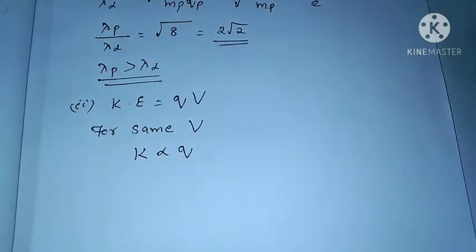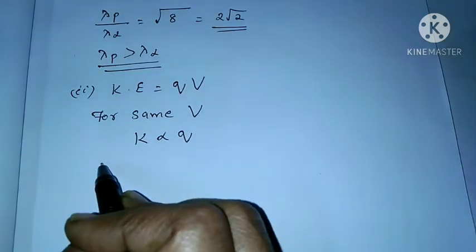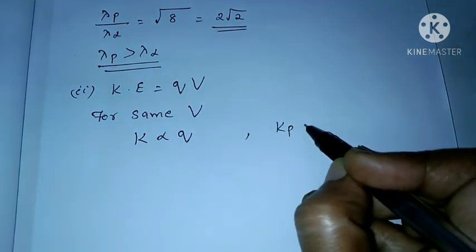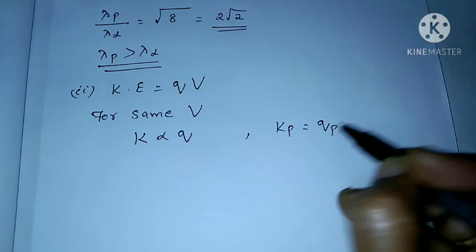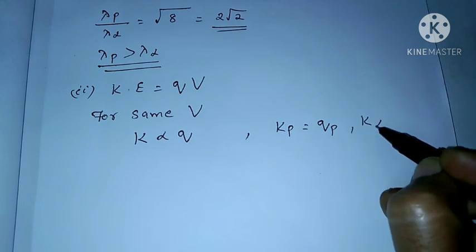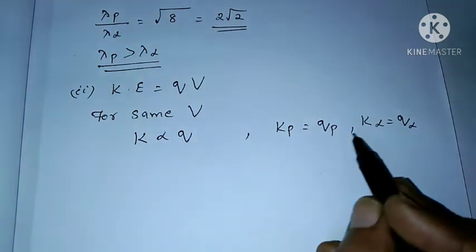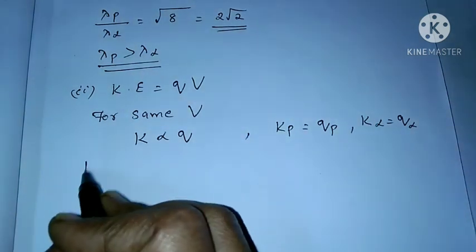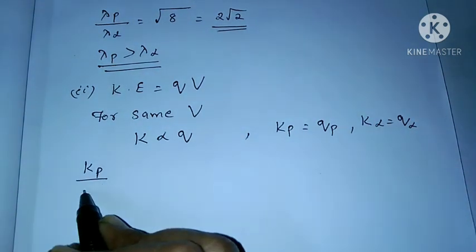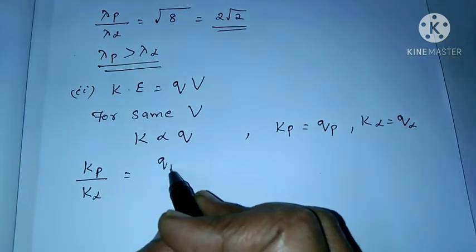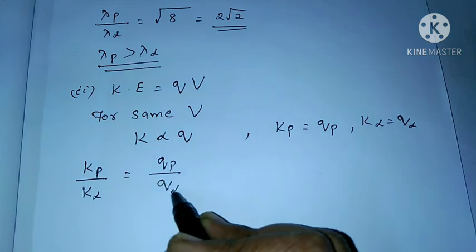So for the proton and alpha particle, Kp is proportional to Qp and K alpha is proportional to Q alpha. So we divide Kp by K alpha, which is equal to Qp divided by Q alpha.